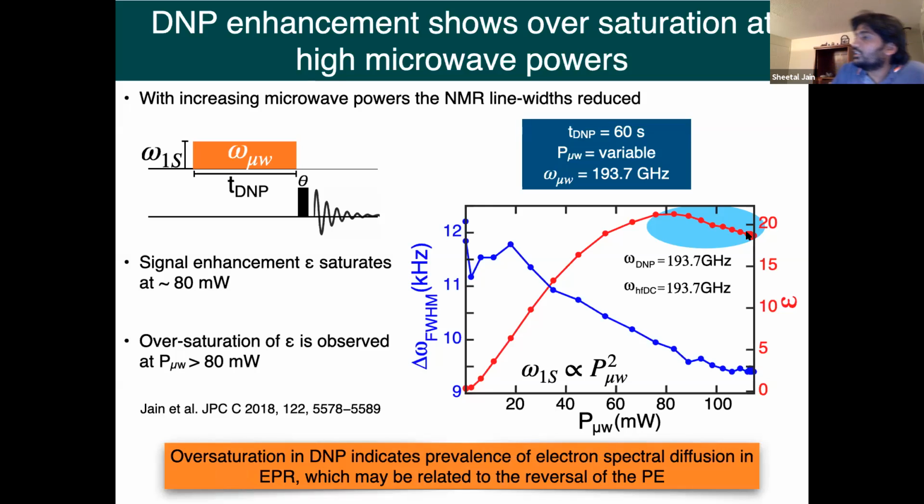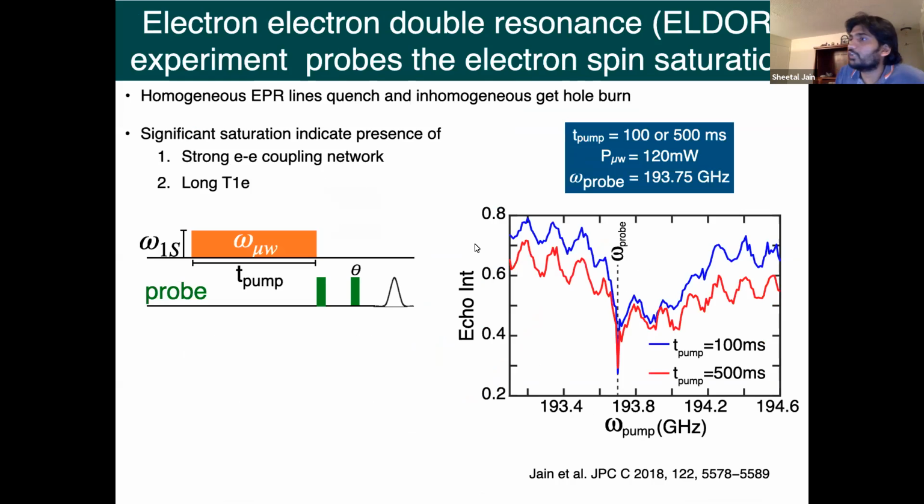So just to see this effect directly, we could use our EPR detection capabilities to see exactly what's happening on the EPR side, on the electron spins, while we are performing DNP experiments or irradiating microwaves. For that, we used a standard EPR experiment known as ELDOR, the electron-electron double resonance experiment.